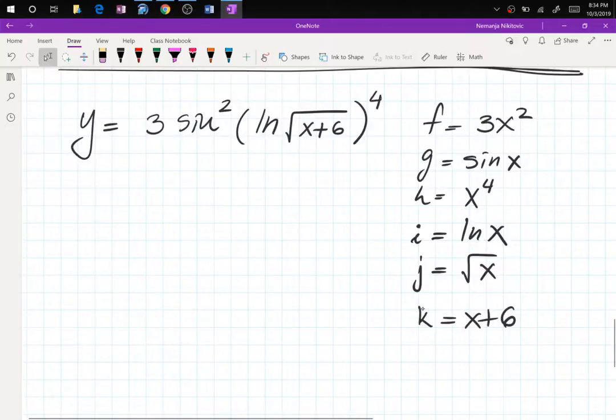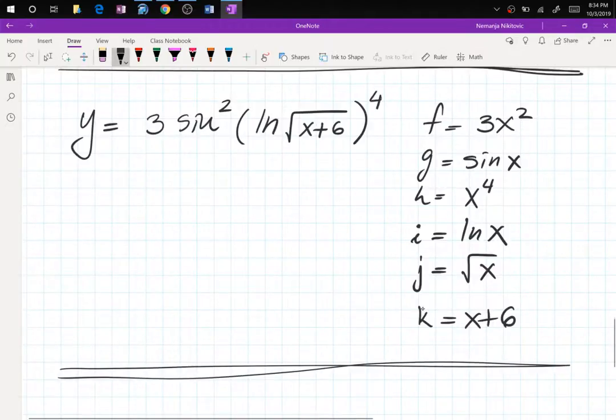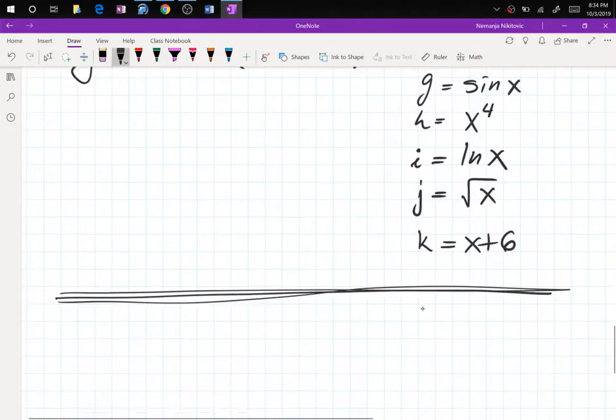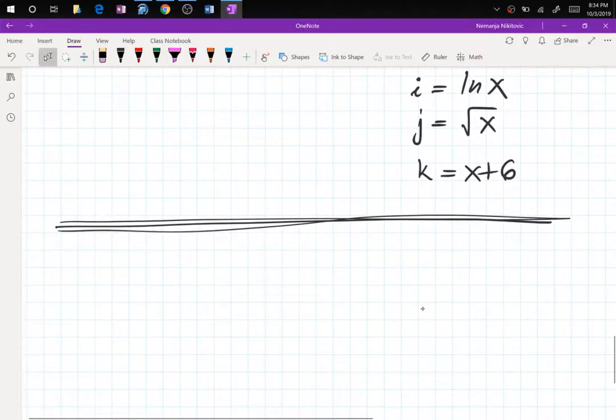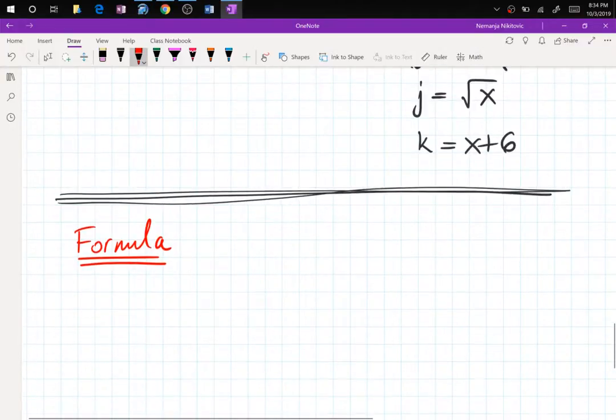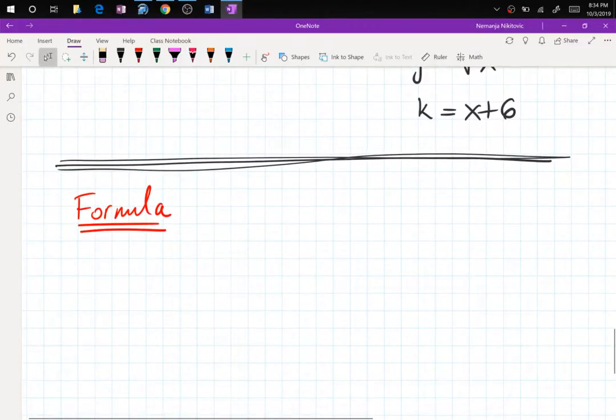So let's go and do some derivatives now that you all have the mad skills. Let's see some chain rule. First off is going to be the formula. The formula for chain rule looks like this.